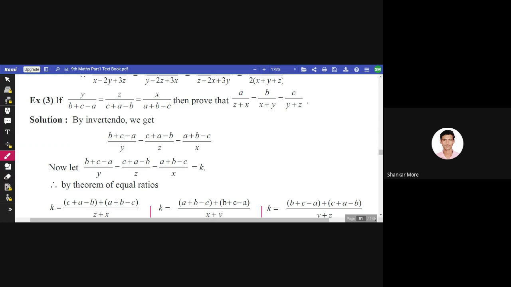Okay, so that's why we will first of all perform invertendo. So invertendo perform करने के बाद में what do we get? We get equation in such form कि ABC जो है वो ऊपर terms हैं और XYZ जो terms हैं वो नीचे हैं.